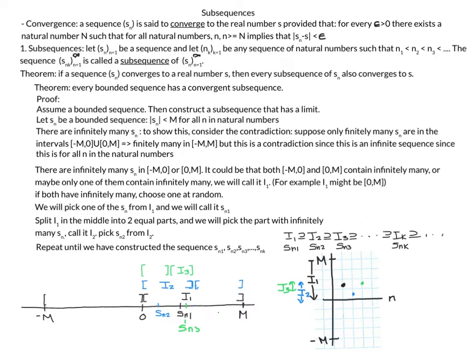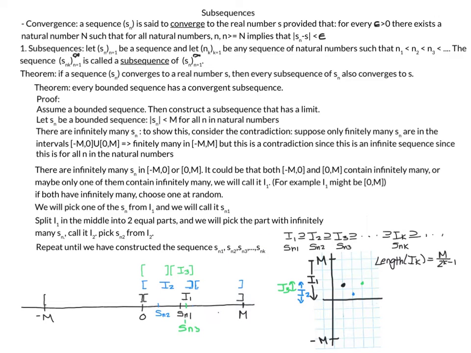And then the last interval I drew was I3, and remember I3 is half of I2, and in this case I chose the upper half, and I have something a little greater than half of the interval, over here more or less. My green dot is Sn3. So you can see my subsequence is sort of here, and what we're going to show is that it does converge. So here you should have a good sense of how we're constructing our sequence.